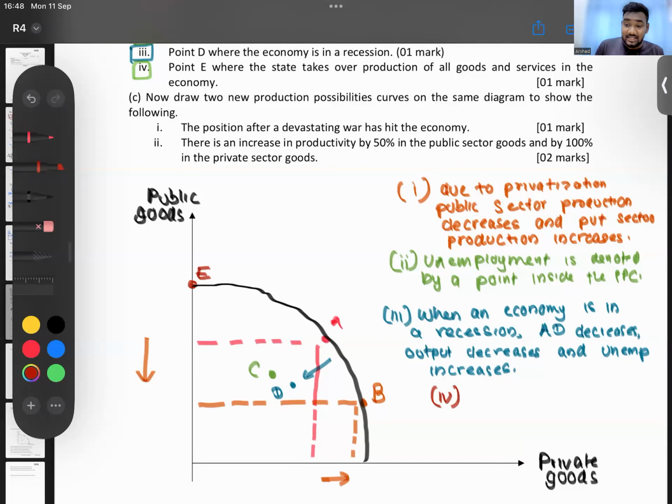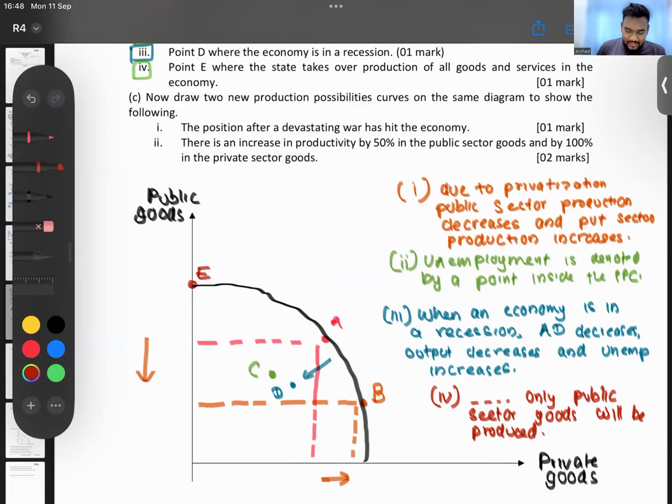You can say, if the state takes over production, only public sector goods will be produced. So therefore, you're producing at point E. Is that clear, guys? Are you all fine?